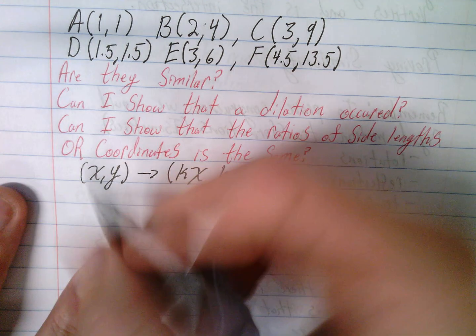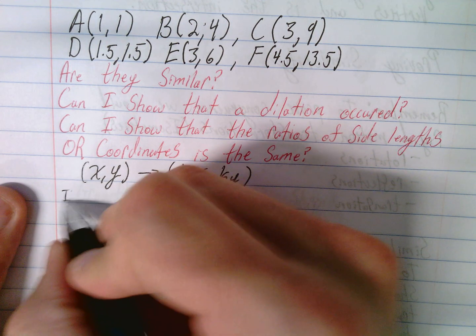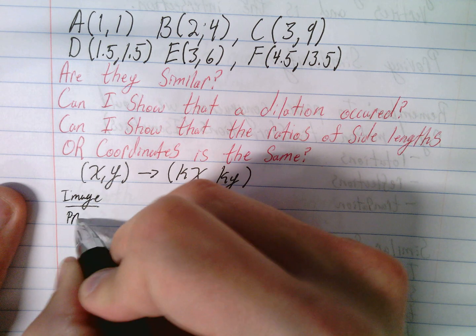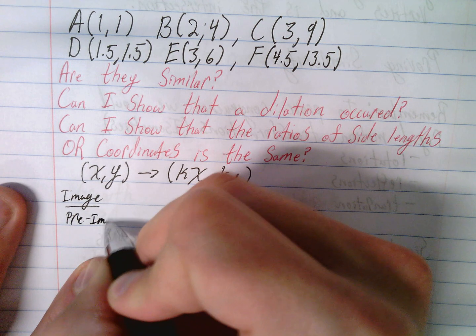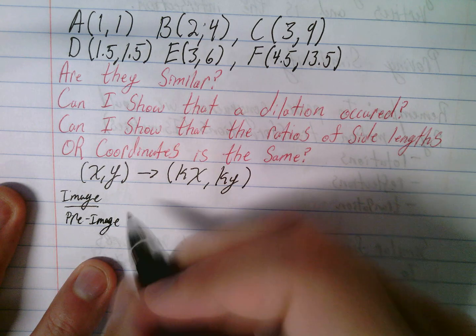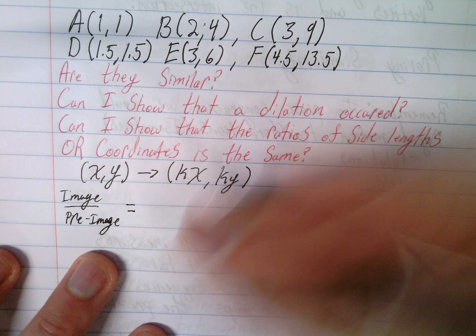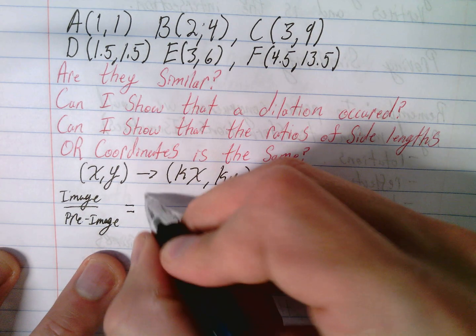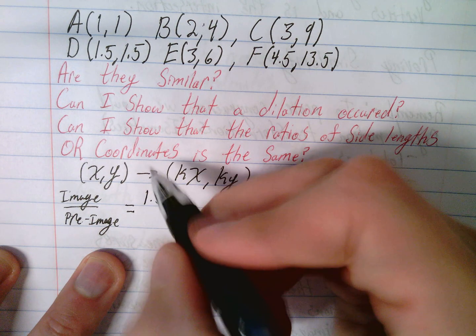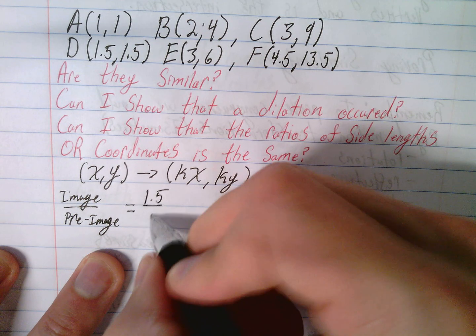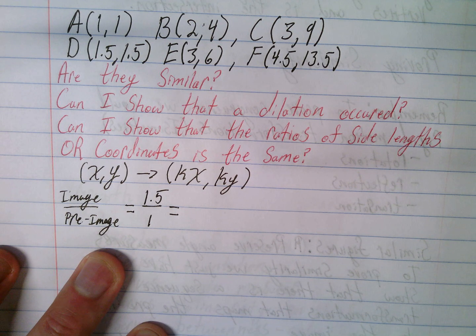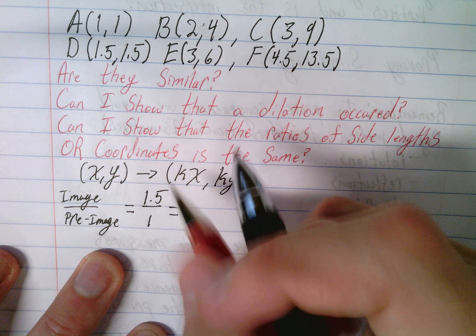So since I can do the image over the pre-image, I can take the coordinates of D and say, well, 1.5 started at 1. And I want to know, is that the same as what we did to y?